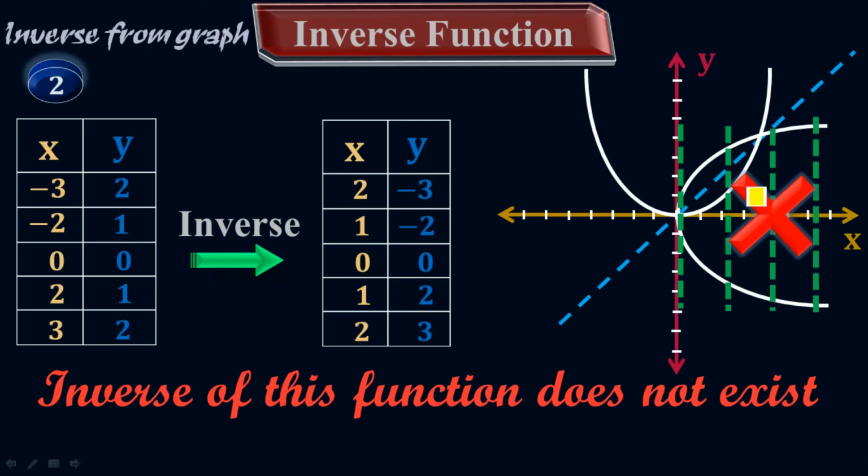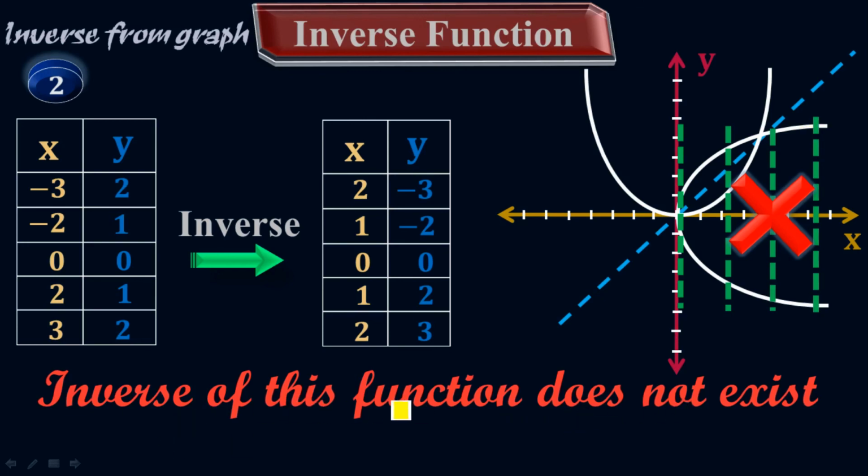Inverse function is a different thing. An inverse function is a proper function. For the inverse to be a function, it must satisfy the vertical line test. Here, the inverse graph fails the vertical line test because it is not a function. So the inverse function does not exist.